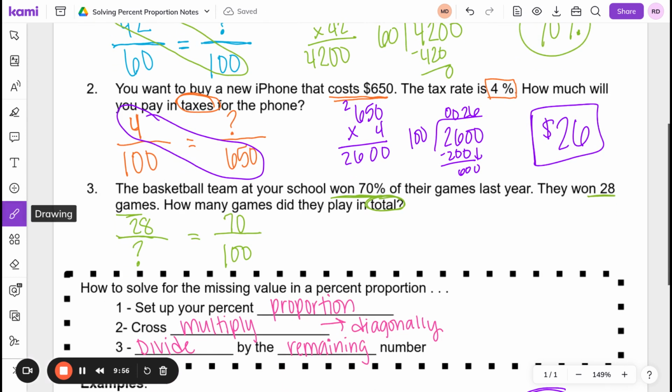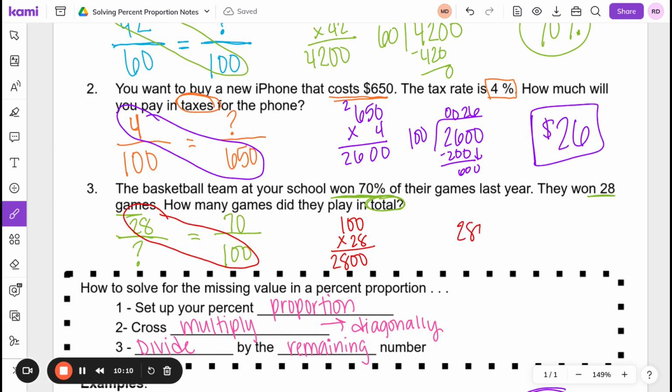And then last but not least, we're trying to figure out how many total games this basketball team played. So same process, we're going to multiply diagonally. So 100 times 28 is 2,800. 2,800 divided by 70 is 40. That feels like a lot of games, but they played 40 games.